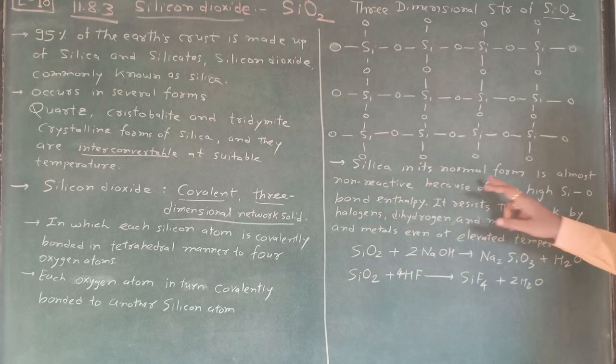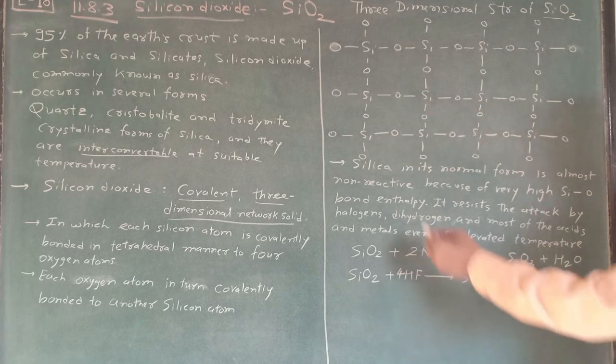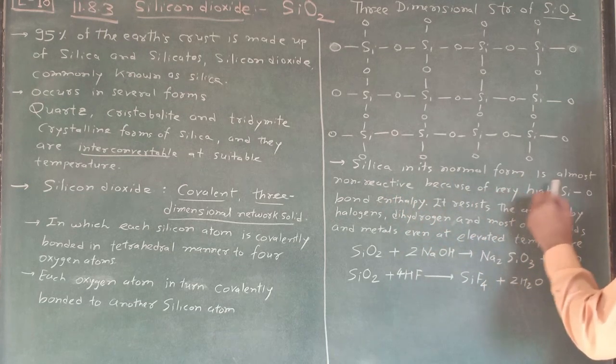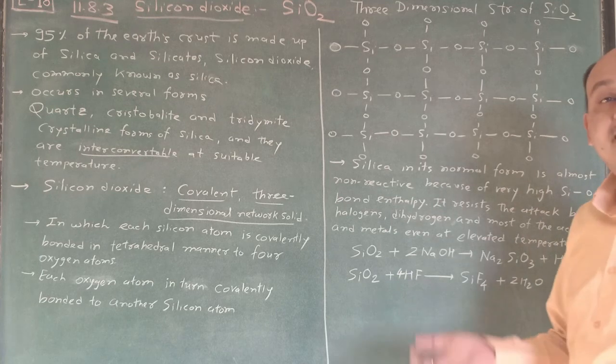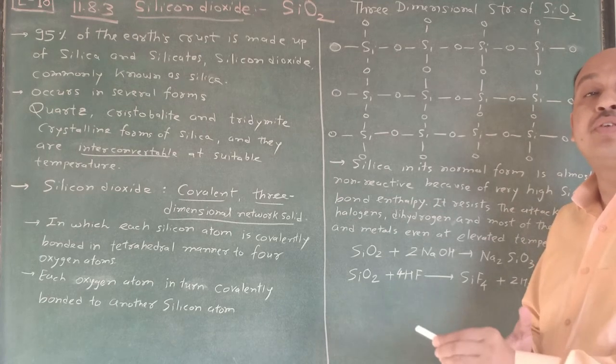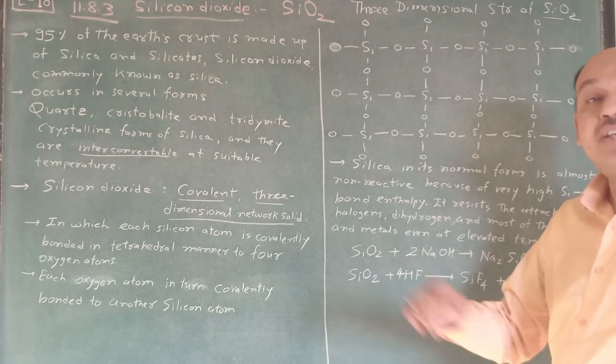Silica in its normal form, and just remember, the covalency of silicon is 4 according to the carbon family, is almost non-reactive. Sand is also known as silicon dioxide. It is not reactive.